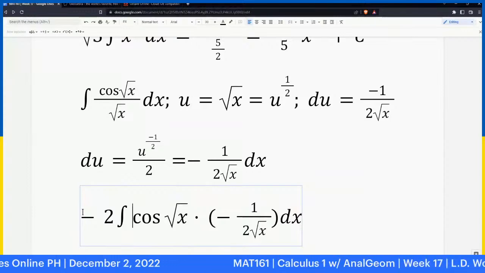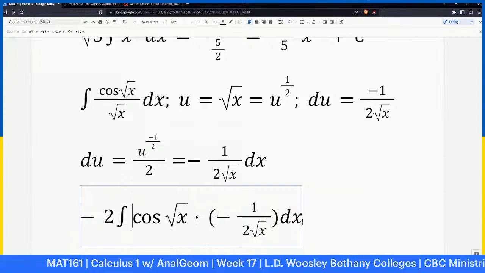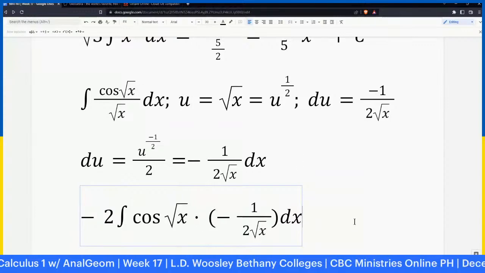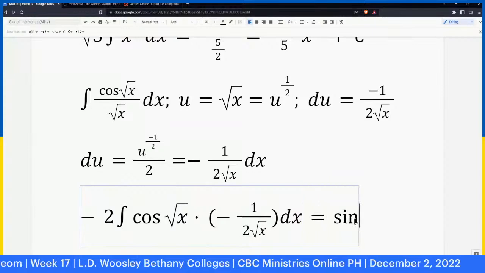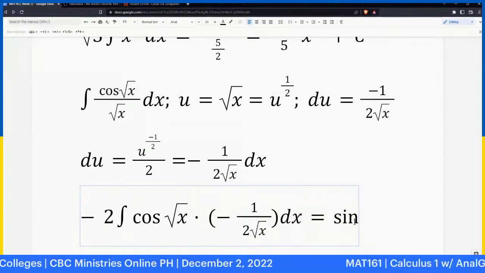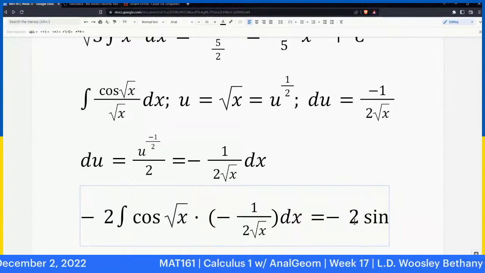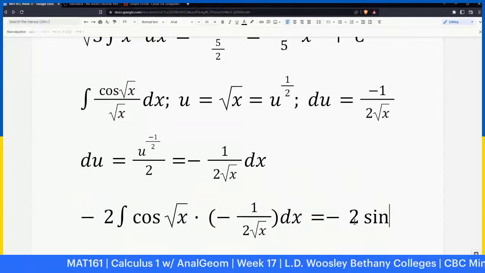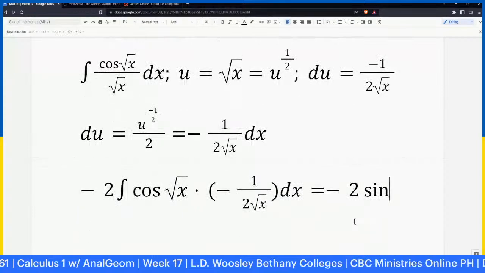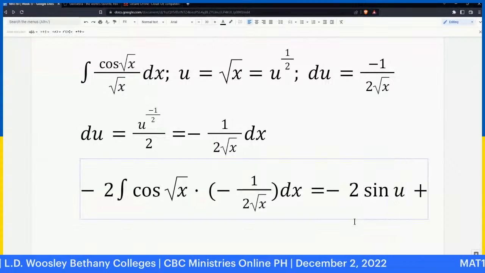From there, pasok na yon. Cosine nyo du na to, guys. Cosine nyo du na. So, therefore, the answer would be sine u. Kaya lang, may negative 2. Integral of cosine is positive sine, sine u plus c. Alright?